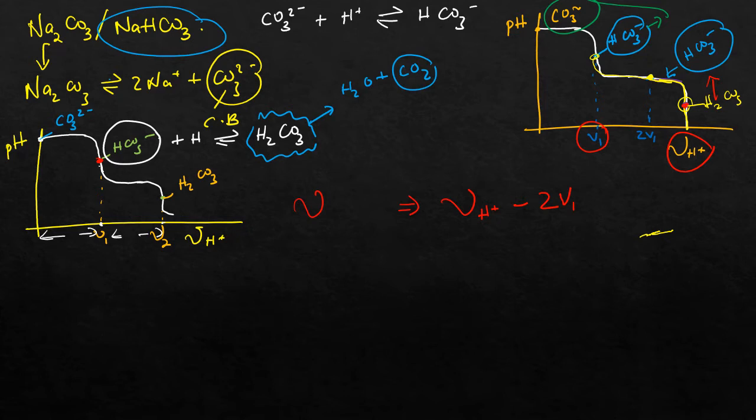The trick here is that at twice the first equivalent point, you would have converted the bicarbonate from the sodium carbonate to your carbonic acid.